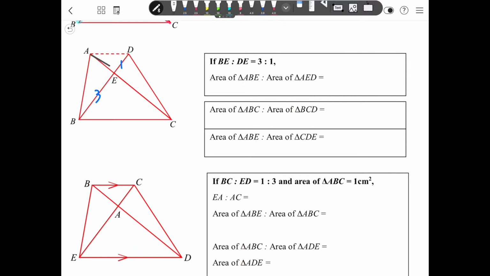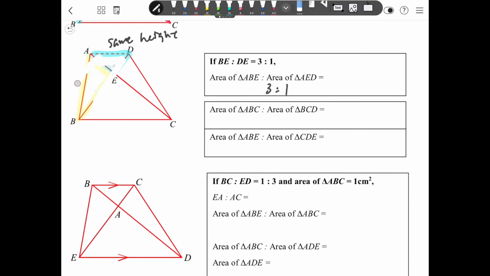A would be the height, and since they have the same height again, the area ratio would be also 3 to 1. This area ratio would be also the same as the base because they got the same height. And then area for ABC, the larger one, to BCD.